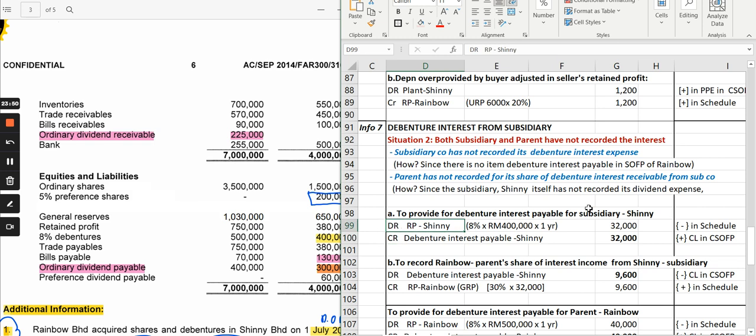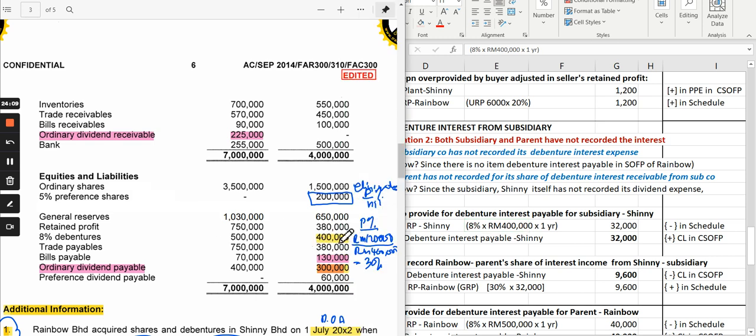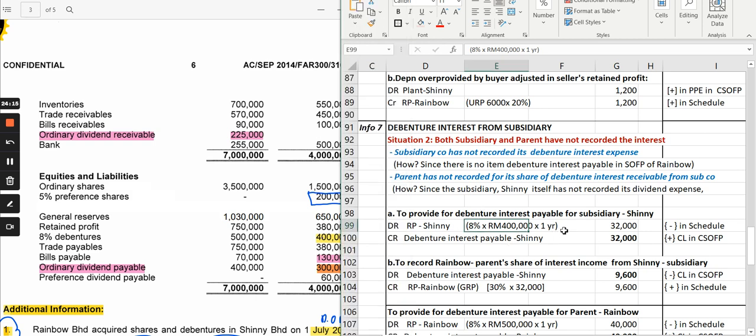So first, when you record the debenture interest, you debit retained profit of Shini, since Shini is the subsidiary company that is recording the interest. So how much? 8%. That 8% is 8% of this 400,000. 8% refers to the debenture interest, and this is for 1 year.